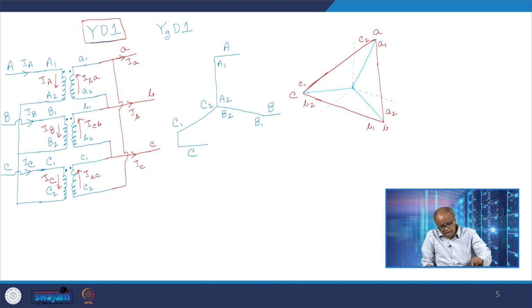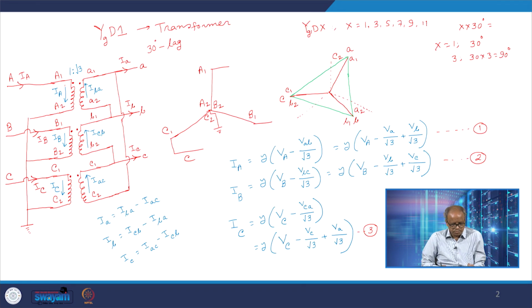But the absence of this ground connection makes the calculations much more involved, because now IA cannot be written as Y into this voltage minus this voltage. In the earlier case, because there was a ground connection, the voltage at the primary side was Va, because my Vn was 0.